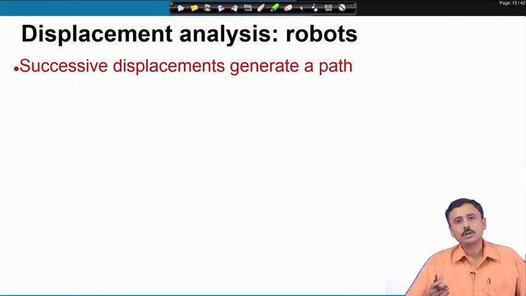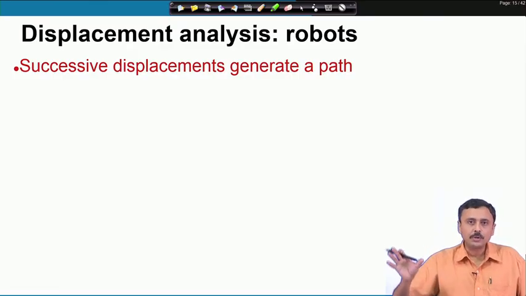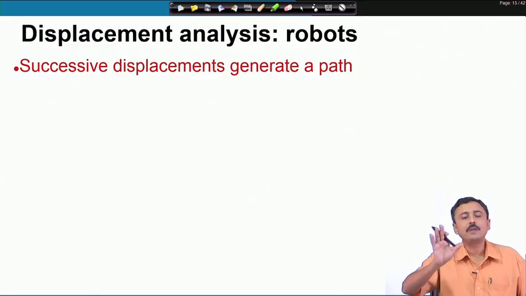In the case of robots, where we have degree of freedom 2 or more, the inputs which are given by the actuators can be independently driven, and the output link can have an arbitrary configuration.